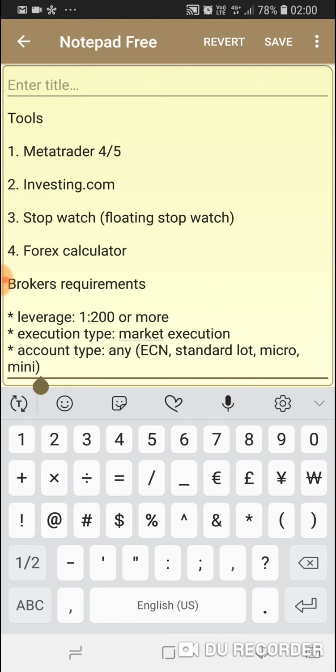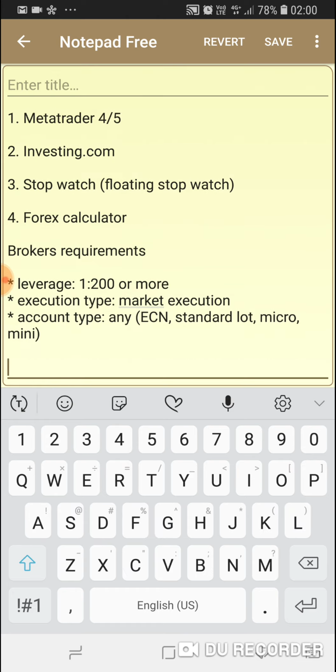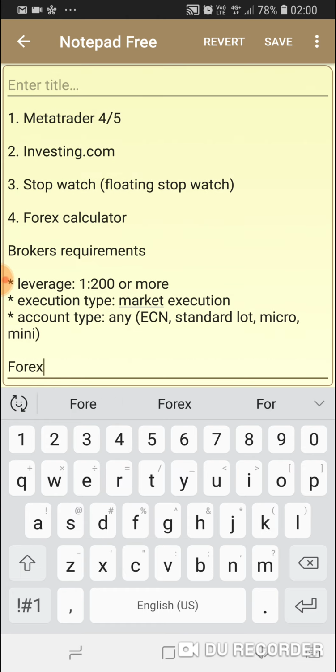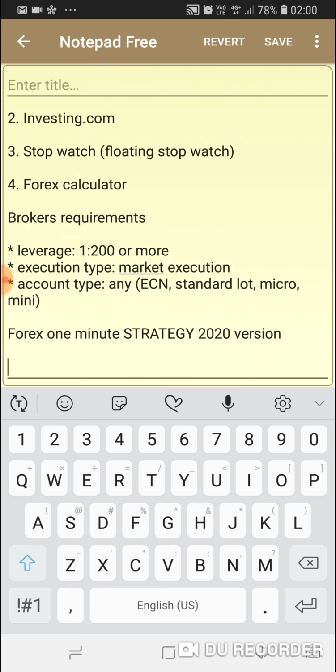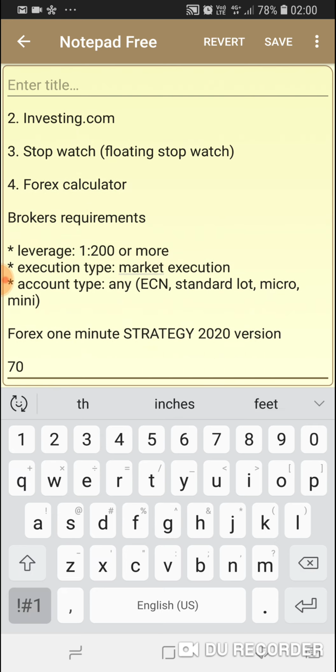Now you need to understand something. The Forex 1 minute strategy 2020 version works as follows. You've got about 70% chance of winning.